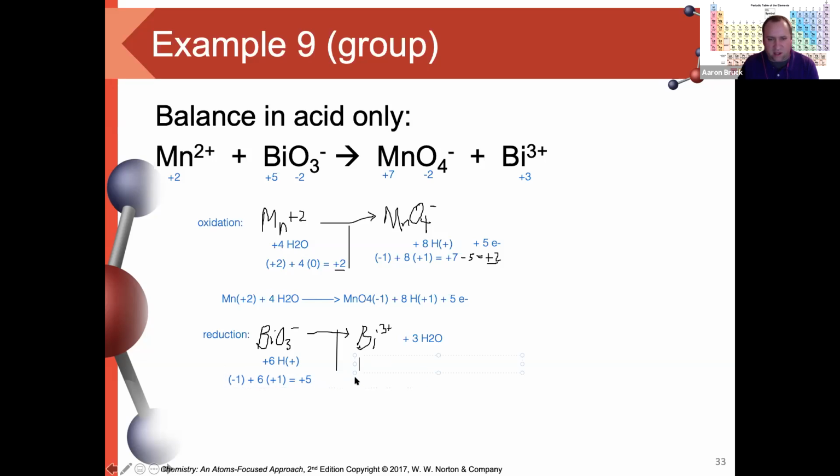And on the other side here, I have a +3 for the bismuth and 3 uncharged water molecules for a +3 over here. To balance the charge, I need electrons. So I'm going to have to add 2 electrons to this side. And the 2 electrons are going to take that +5 to a +3 so that the +3s now match up.